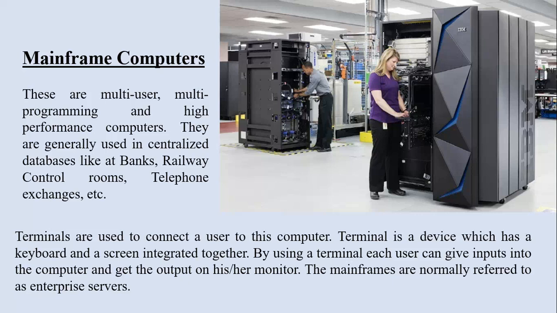They are generally used in centralized databases like at banks, railway control rooms, telephone exchanges, etc. Now, how is it possible for multiple people to work at the same time on the same computer? It is possible because of terminals. Terminals are used to connect a user to this computer. A terminal is a device which has a keyboard and a screen integrated together.